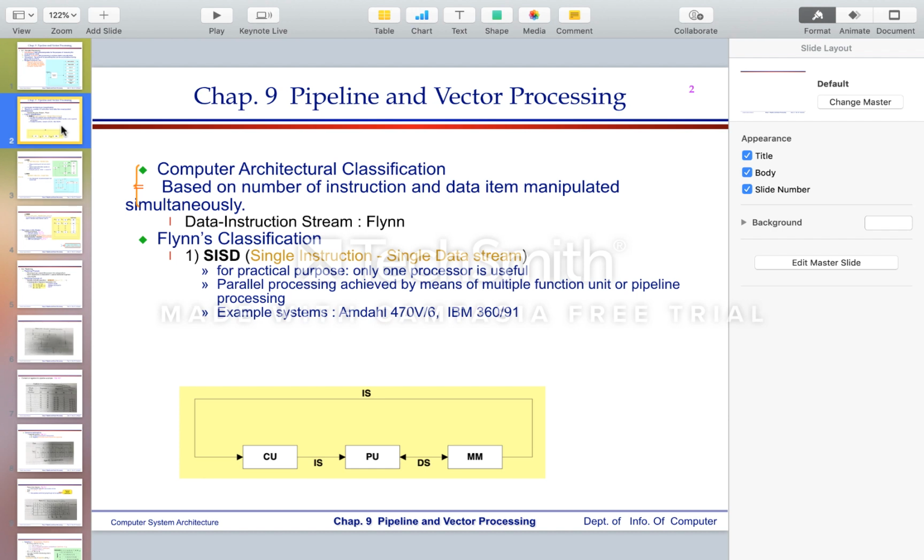In this system, sequential operations are possible, and we can also have parallel processing. How can it achieve parallel processing? Either through multiple functional units or by pipelining, which we are going to see in detail. In this SISD based system, von Neumann architecture basically comes under this category.